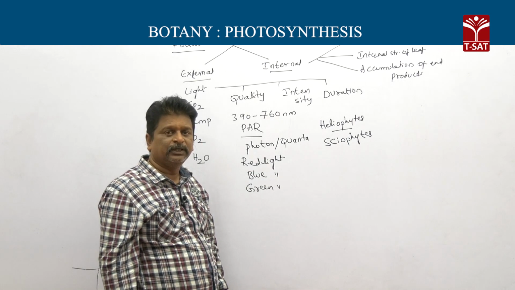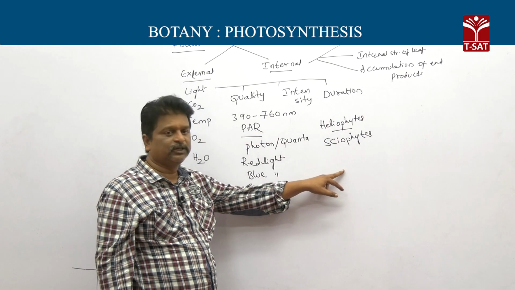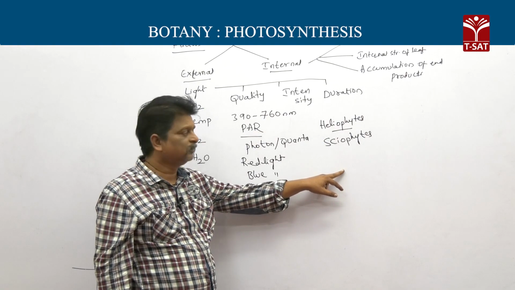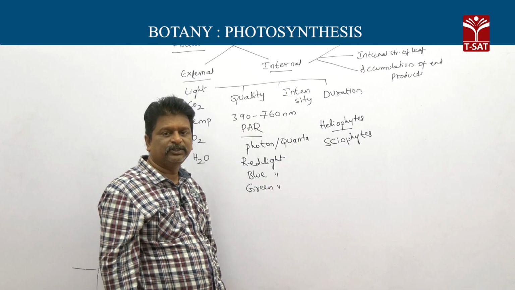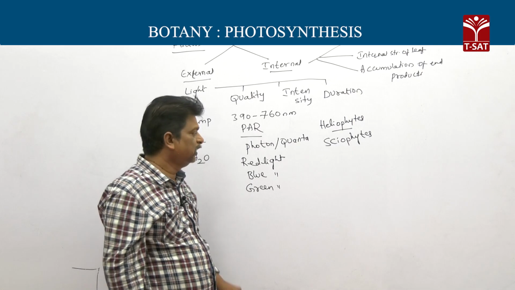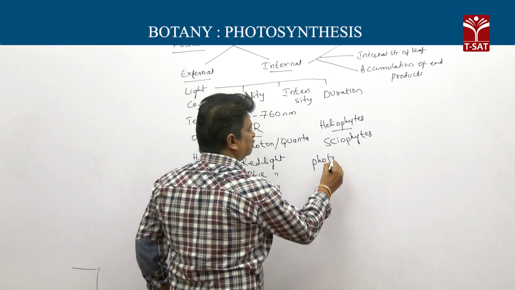Generally, with the increase of light intensity, the photosynthetic rate is increased. But at high light intensity, the chlorophyll structure is destroyed.